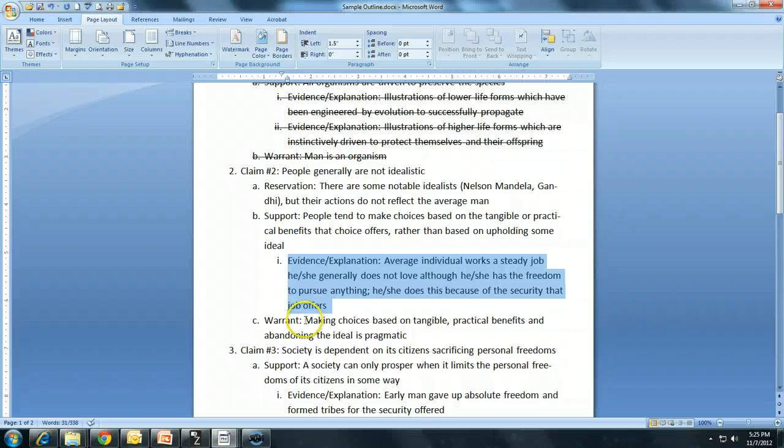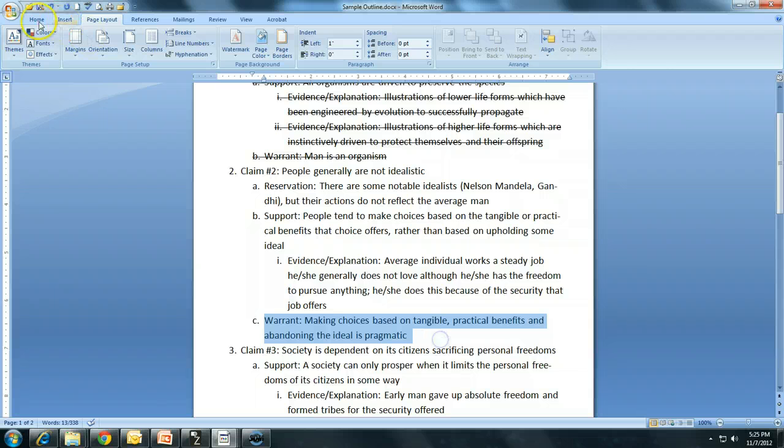When you're writing your paragraphs, make sure that you only state the warrant if you absolutely feel you have to. Something like this, making choices based on tangible practical benefits and abandoning the ideal, is pragmatic. Well, that's just a definition of pragmatism. I'm not going to insult the AP readers by defining what pragmatism is.